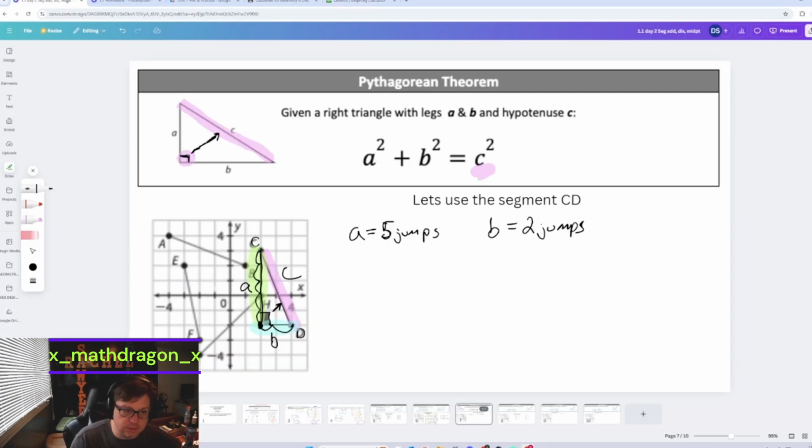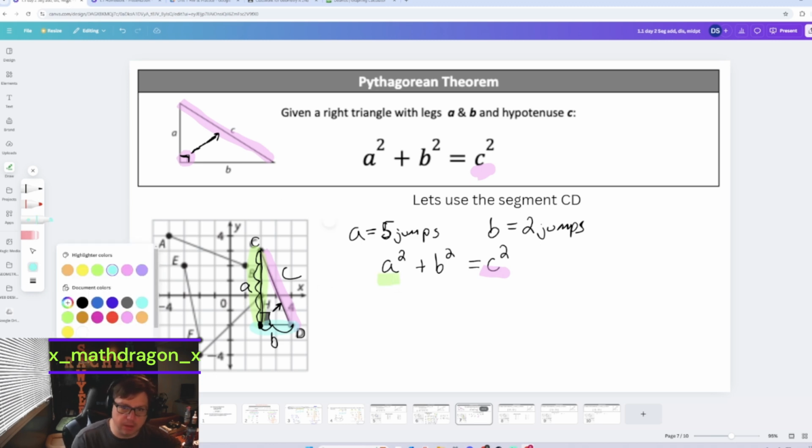So when we do this, write your formula. A squared plus B squared equals C squared. And we know C is pink, so we're going to keep C pink. We did A in green, so I'm going to keep A in green, and B was in blue, so we're going to keep B in blue.